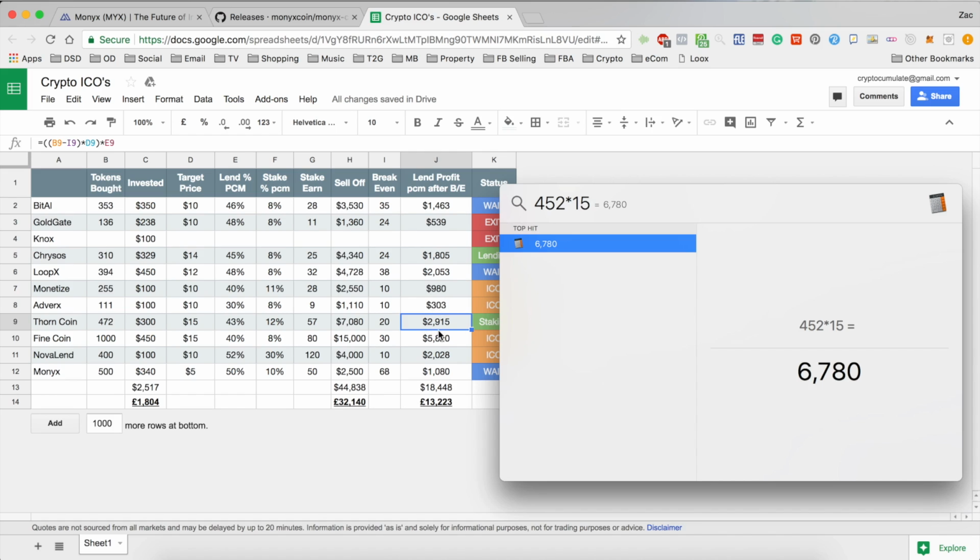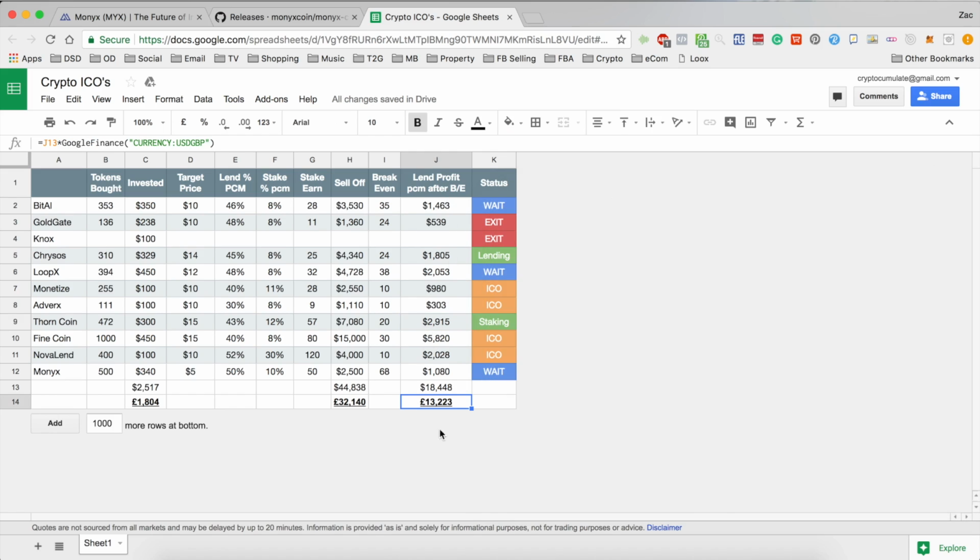So obviously this figure isn't going to be exact. It could go up or down, especially if you hold onto your Bitcoin for any number of days. So this is just to give me a rough idea.